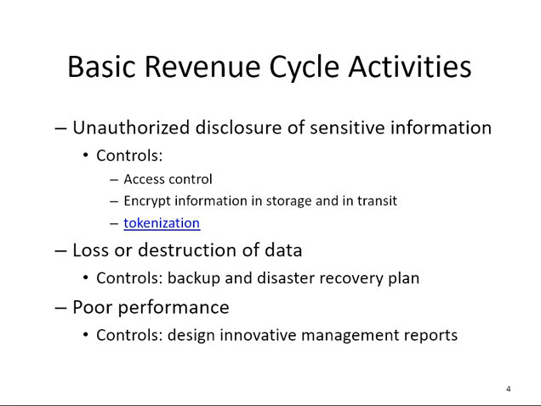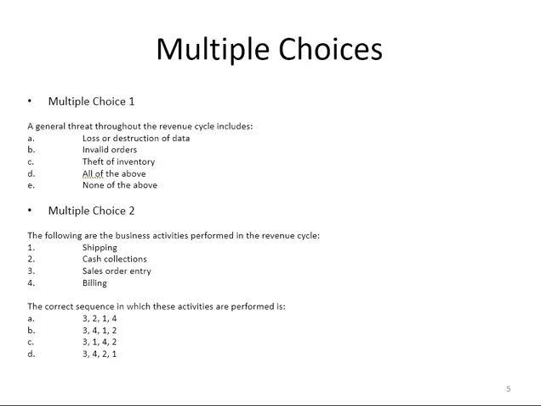In accounting information systems, accountants should use their knowledge about the underlying business processes to design innovative reports that provide management with insight beyond those provided by traditional financial statements. This control is used to deal with the poor performance threat, which is the fourth general threat. We have some multiple choices.